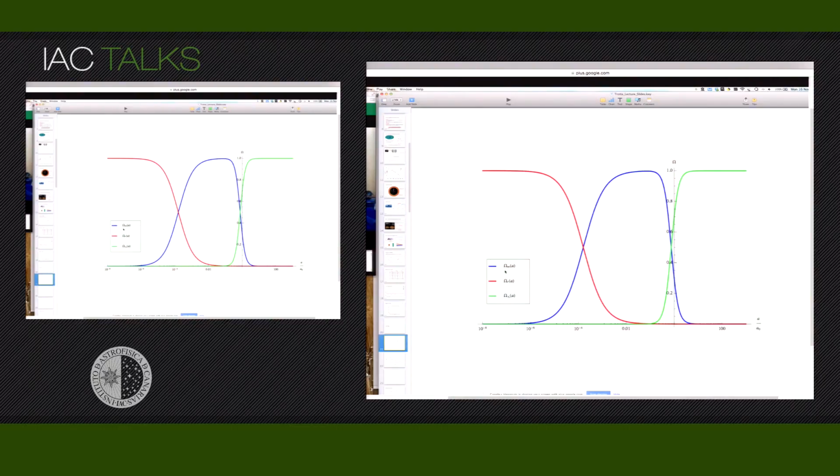So omega matter becomes dominant in the matter epoch. It's an epoch which happens at a redshift of about 3000 or so. Before 3000, radiation dominates. After 3000, matter dominates. But then matter also redshifts away as a cubed, and eventually the cosmological constant dominates because it's constant.